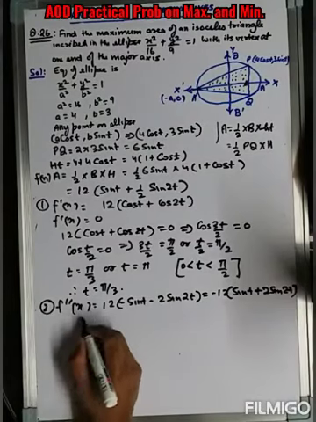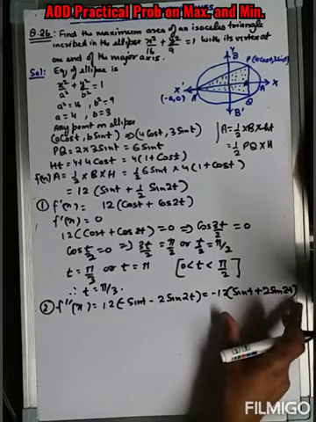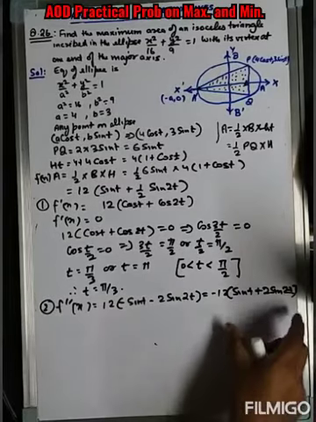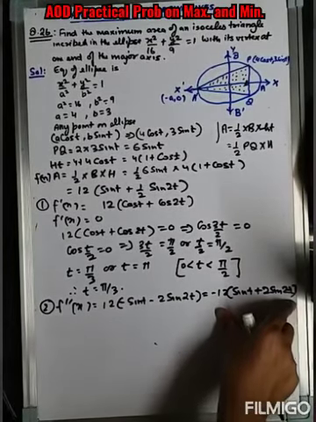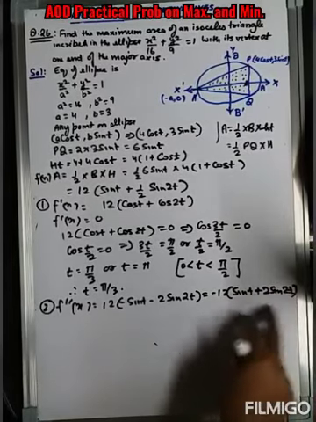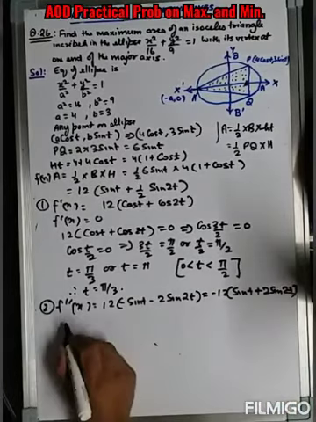Now since this contains t, we have to put the value of t here. If this expression were independent of t or x, there would be no need to put the value of t, but here t is there, so we have to put this value.